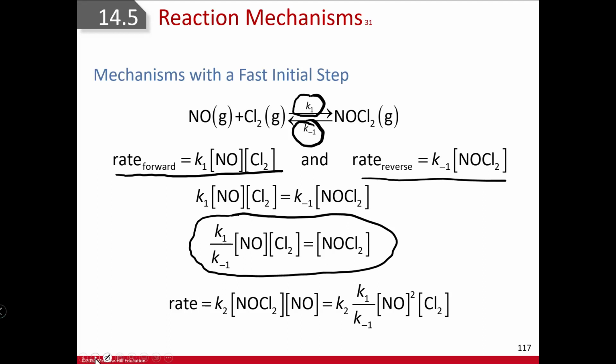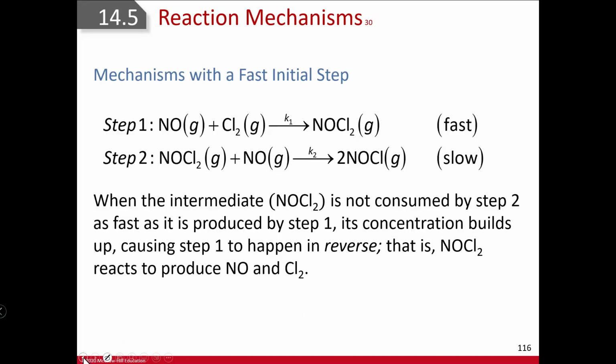We substitute in for the intermediate this. All right, so we combine all that together. Now we have all three rate constants. And then we have this times what we originally had. And that gives us nitric oxide to the second order and chlorine to the first order. So I want you to be able to do that. Let's look at this one more time because this is the hardest thing in this section.